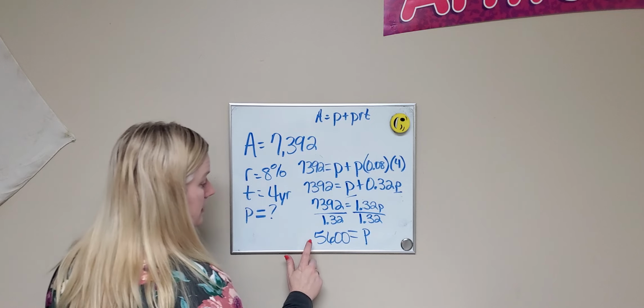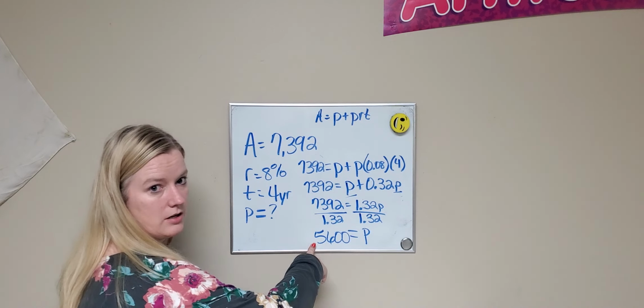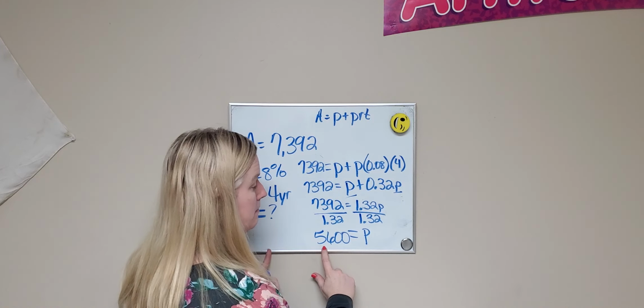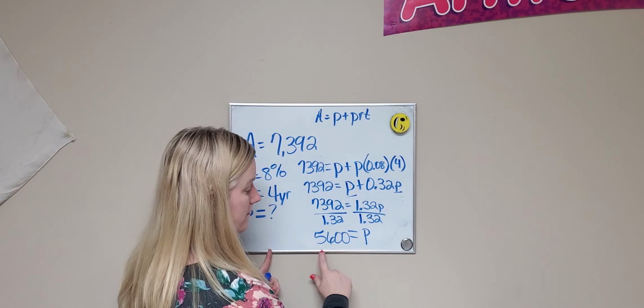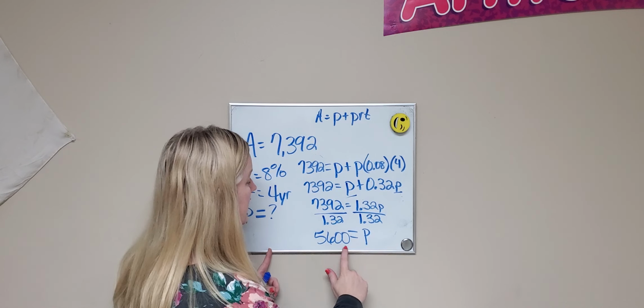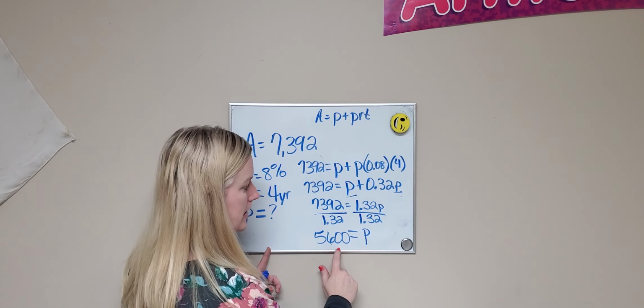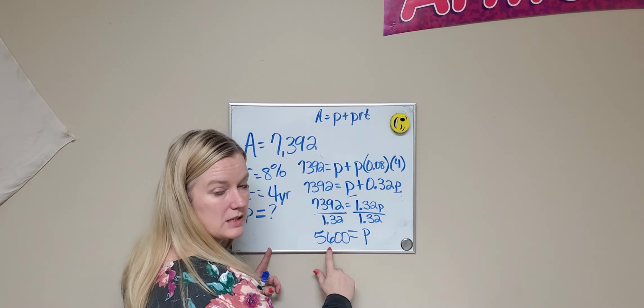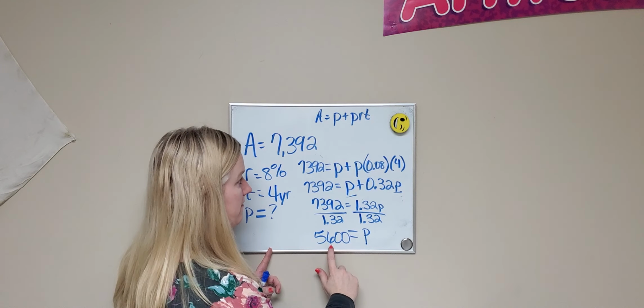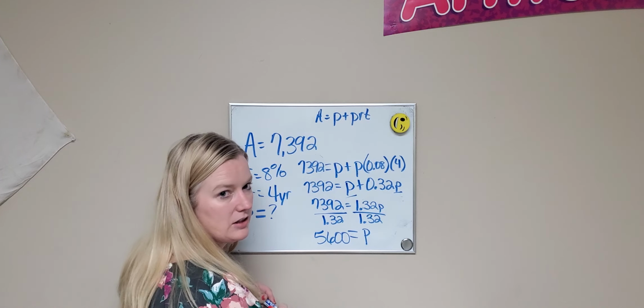Okay, so he borrowed $5,600, and he had an 8% interest rate on that $5,600 that he paid over 4 years. So over 4 years, what he was paying back to the bank went from $56 to $73.92.